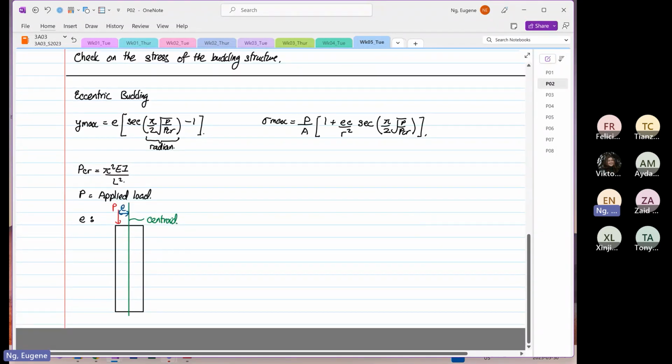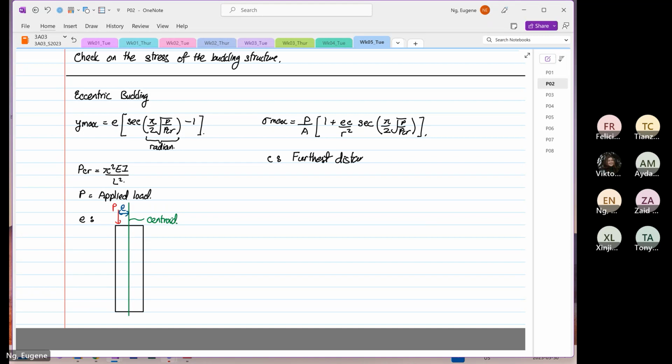I just understand this topic. The next thing is C, the furthest distance between the centroid and the structure.